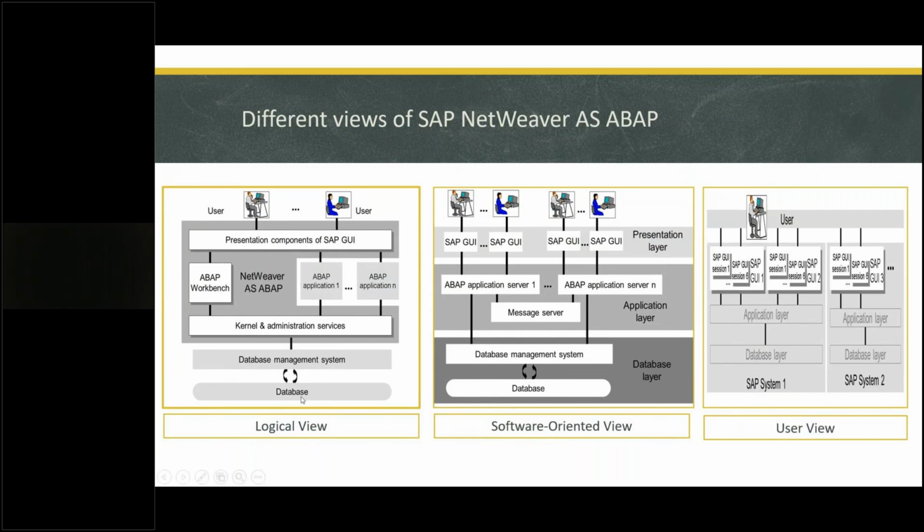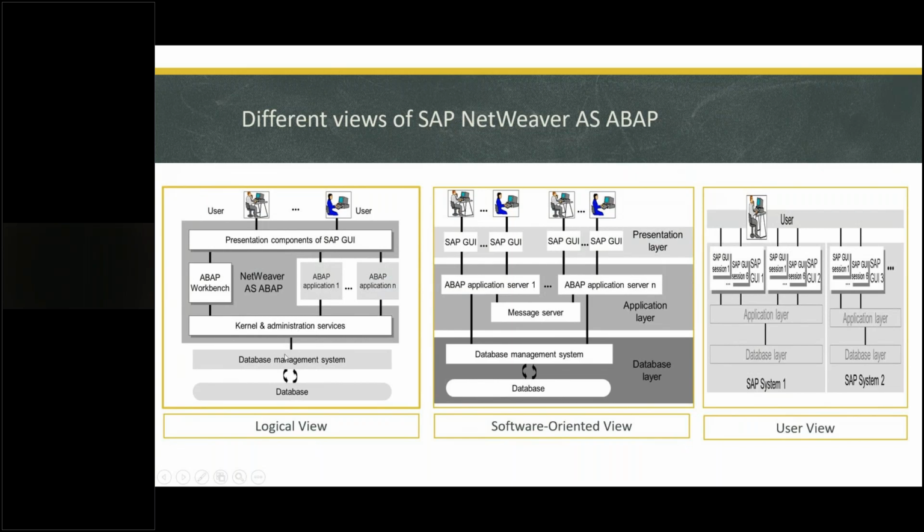Logical view means it gives some basic idea of which components are there, and in which order. The first thing is, a user will be there, then he will access the GUI, the applications, then it will send to the application server, then you see kernel and administration services, that means basic services will come there.